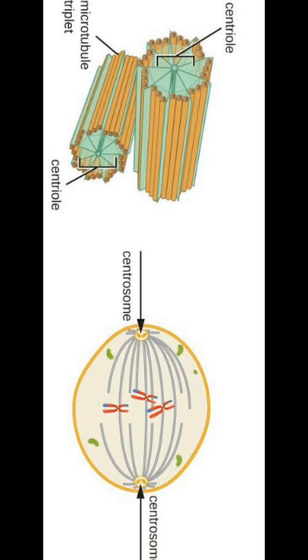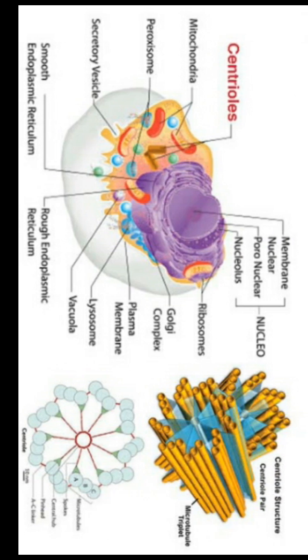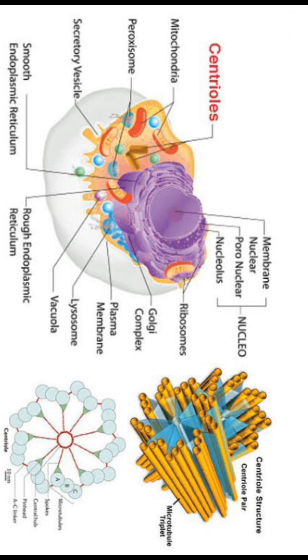So the centriole helps animal cells divide the parent cell into 2 daughter cells by forming the spindle fibers. Those fibers are also made up of a protein called tubulin.